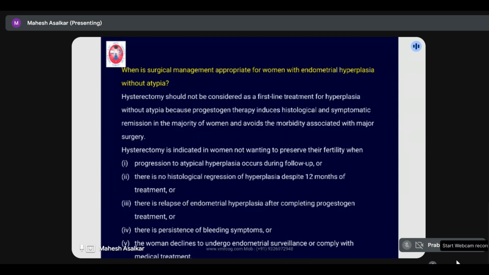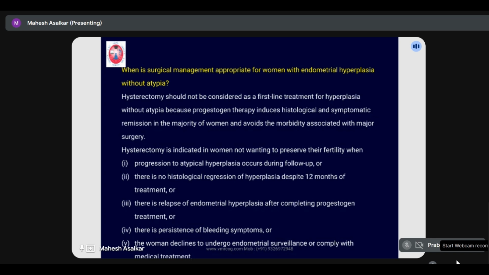Fourth, there is a persistence of bleeding symptoms, no clinical response, that means AUB is persistent, then hysterectomy is indicated. And last, the woman declines to undergo endometrial surveillance or comply with the medical treatment.